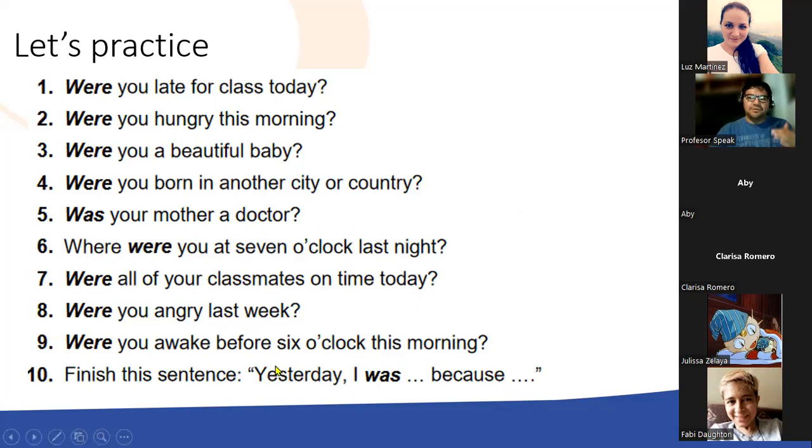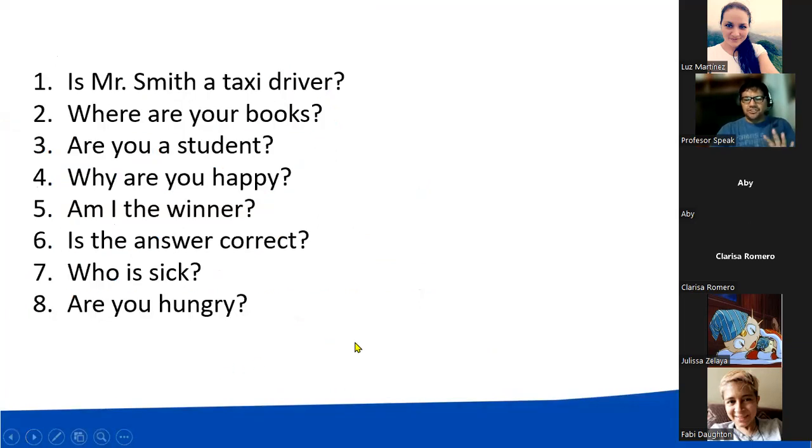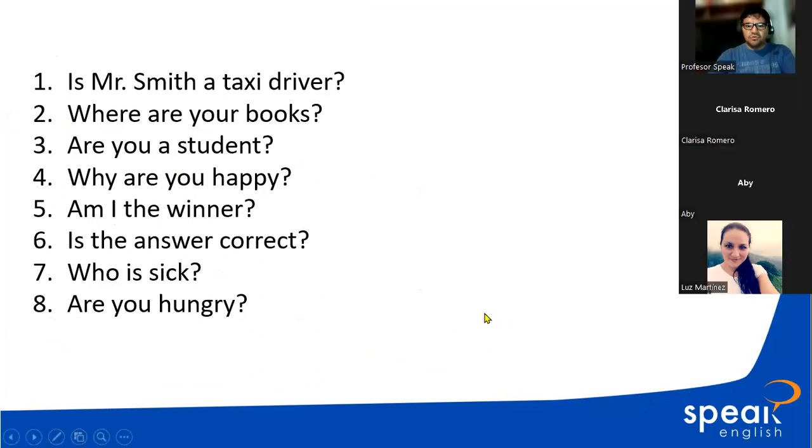So now we're going to move on to our next activity. For this one, we're going to change the present time questions to past tense, paying attention to the verb be, and we're going to see what we can use.